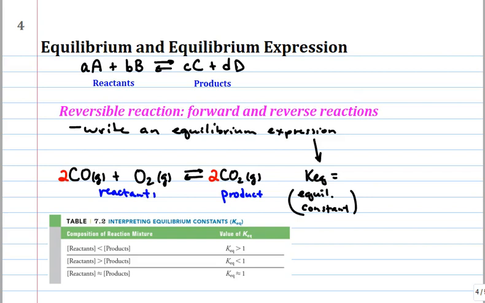So KEQ is going to equal the concentration of the product, carbon dioxide, and then we are going to raise it to the coefficient. You notice I squared this concentration because this is the coefficient in the balanced reaction.